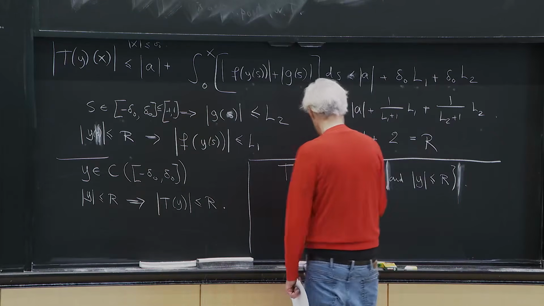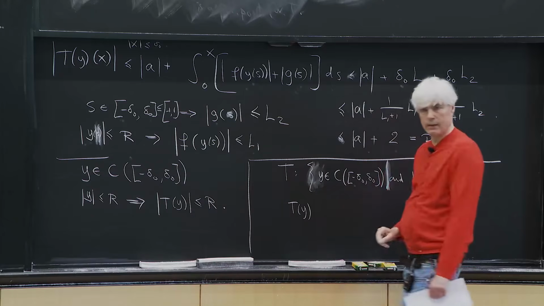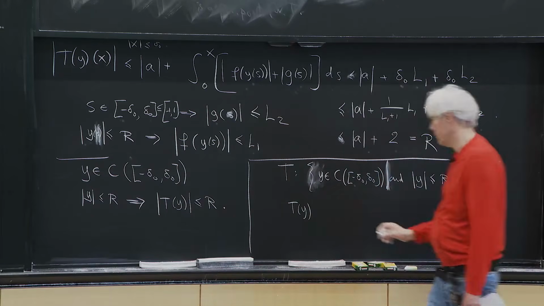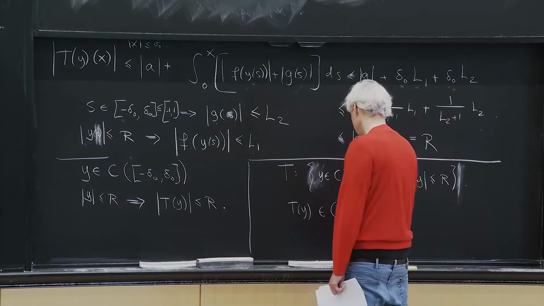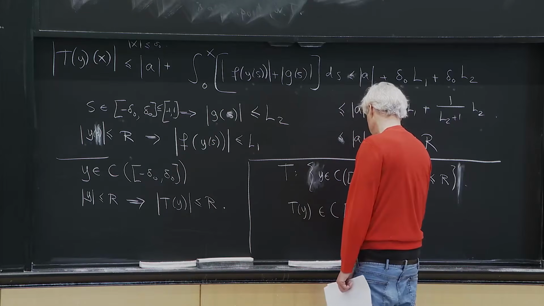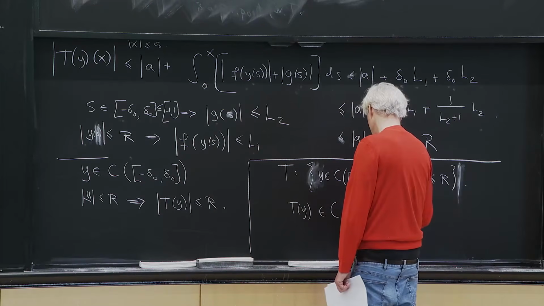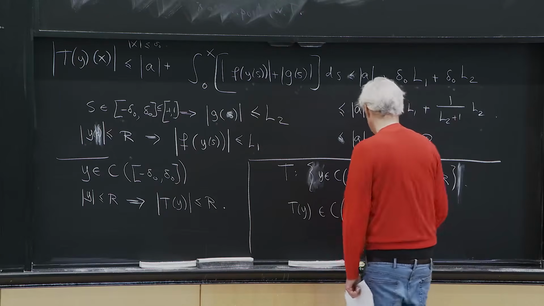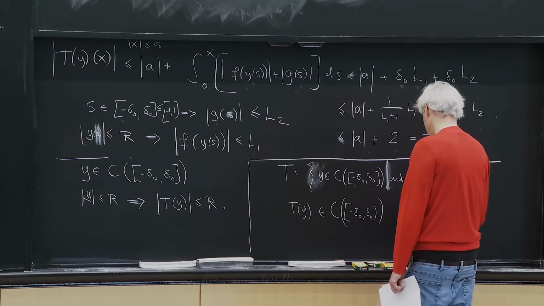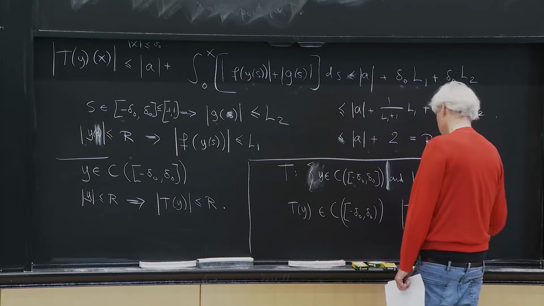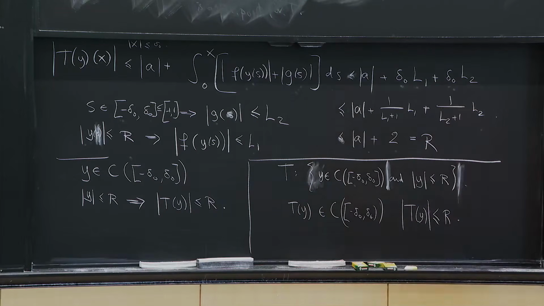If y is in this space, then T of y is in the same space. So T of y is also continuous on that interval, and T of y at each point x is less or equal to r. So the map maps this space into itself, okay?